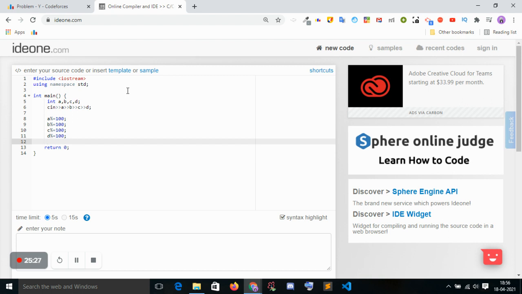Now after that, what should I do? I have to multiply. So int answer equals a times b modulus 100. Whatever number we get, we multiply by c, and again do modulus 100.